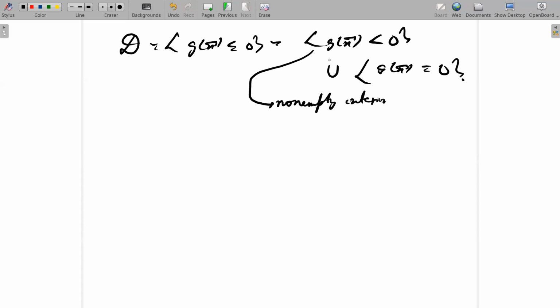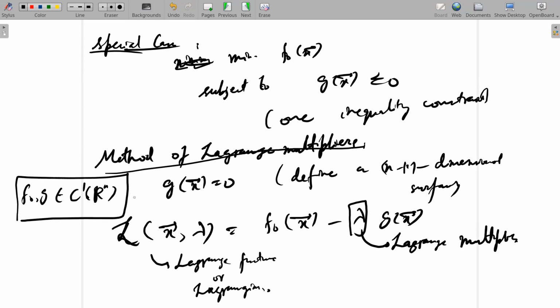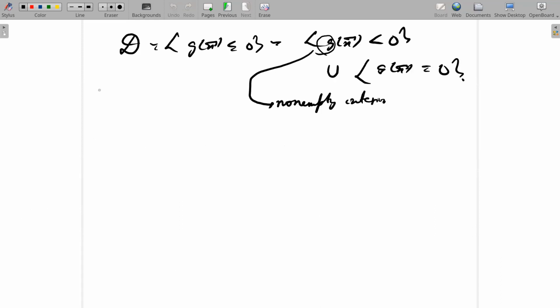It will in fact be n-dimensional, because g is a continuous function, g is assumed to be smooth and so on. So here maybe let me just say f naught and g are C1. So these are all differentiable and continuous.